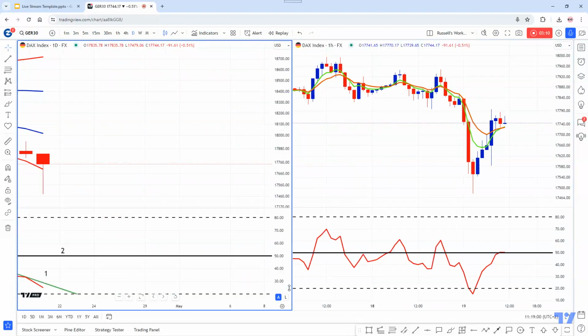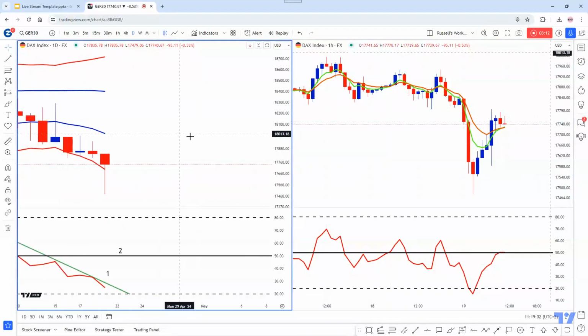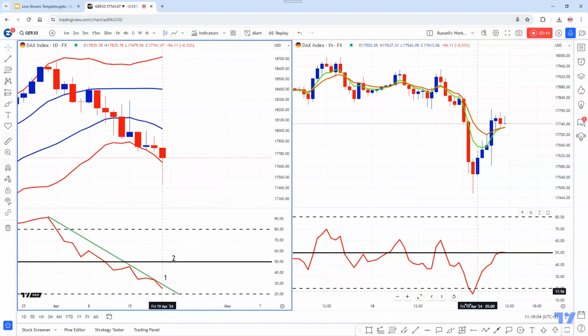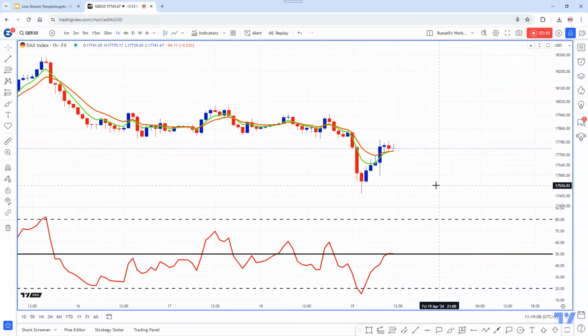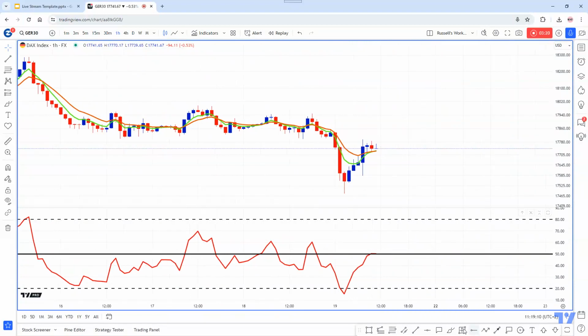If we take a look at the hourly chart, the hourly charts are quite interesting. We're neutral at the moment. So after this big push down following the news of that retaliation, we've now bounced. So the bulls taking control, but we're on the 50 line over here.